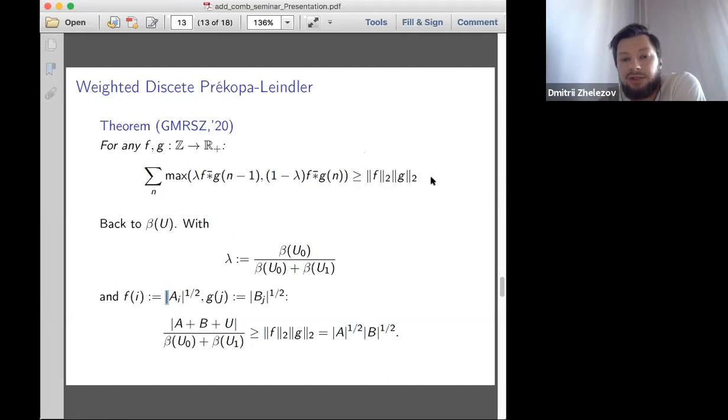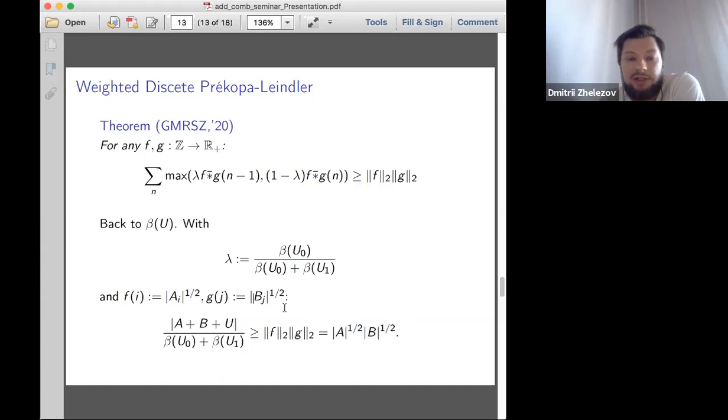The right-hand side is going to be just the sum of the AIs, and the sum of AIs is just the size of the set A, because this is the size of disjoint fibers. And the same for B. This is the sum of the sizes of the disjoint fibers. And on the right-hand side, you have a square root of A and B. This is what we want.